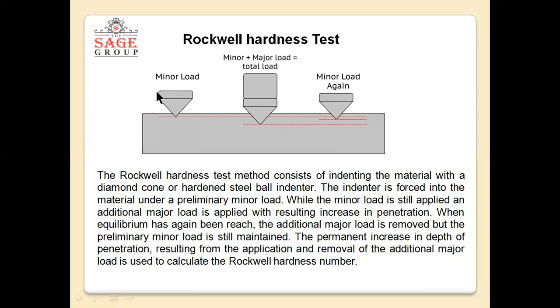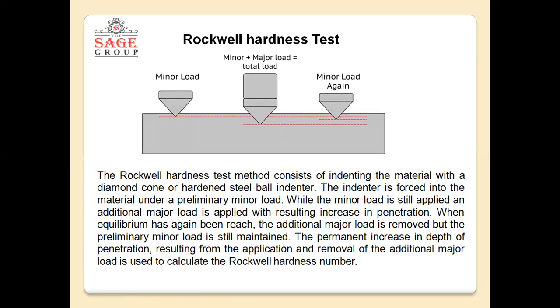The minor load is applied initially to remove any oxide layer or surface contamination, to break all the surface irregularities and impurities. After the minor load, a major load is applied. This procedure is totally different from Brinell hardness.